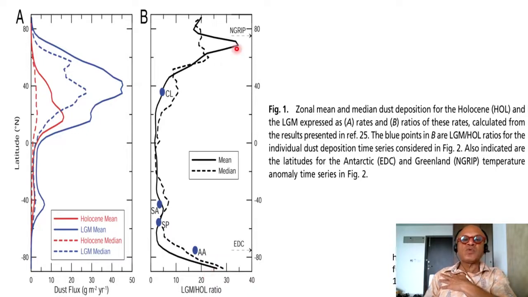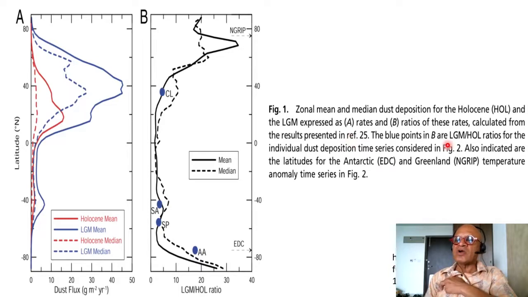But you also have to worry about this in terms of other feedbacks like radiative forcing. How much solar dimming is affected by these latitudinal dependence of the changes. So, zonal mean and median dust deposition for the Holocene, last glacial maximum rates and ratios of these rates calculated from this reference data.